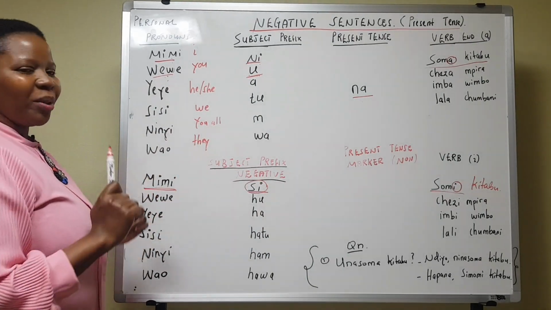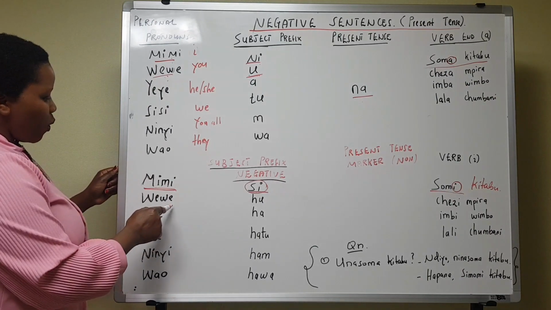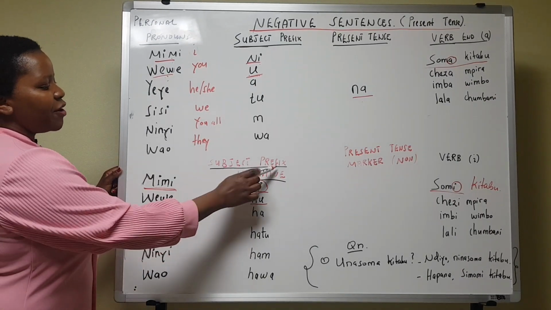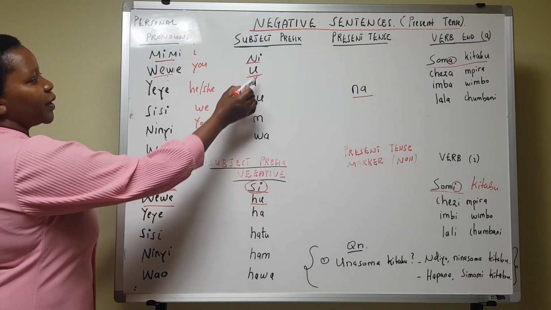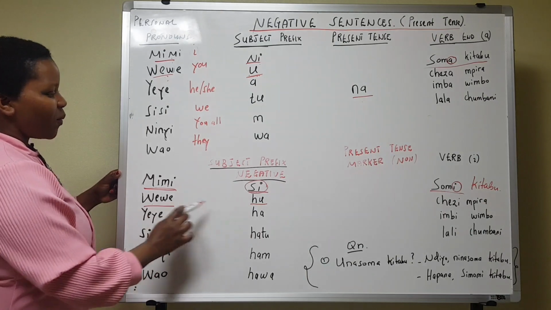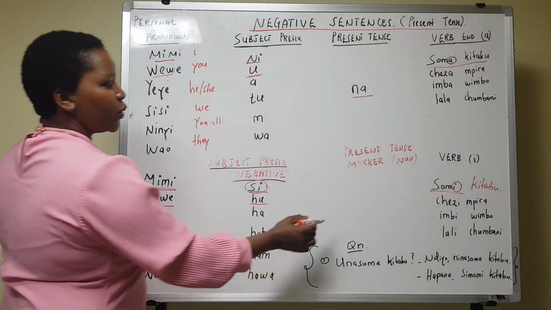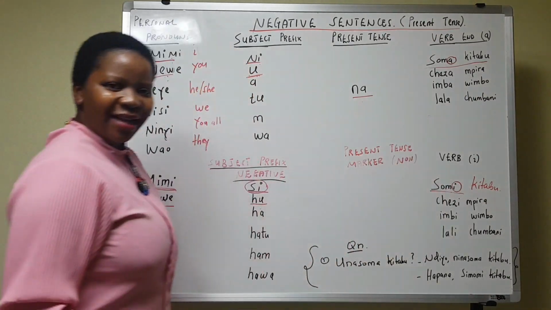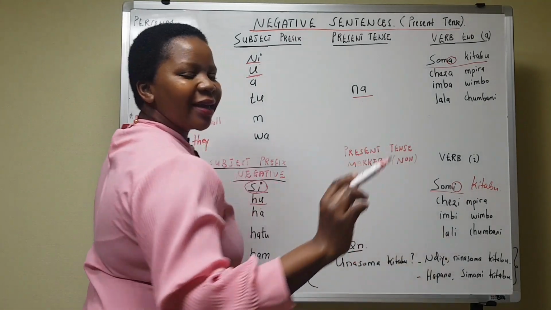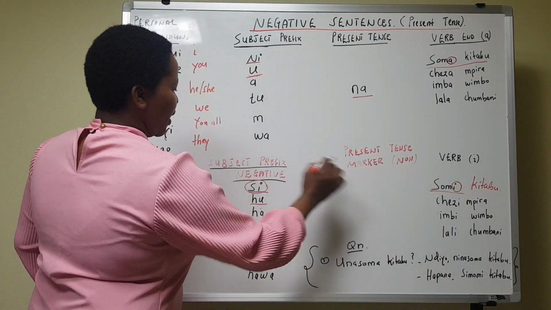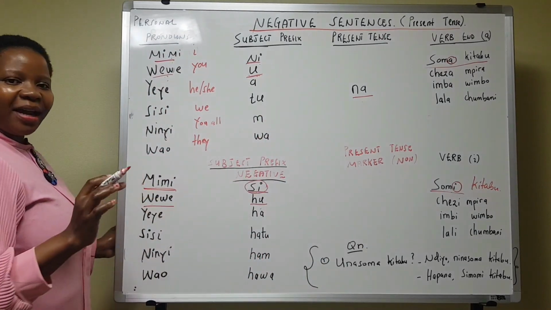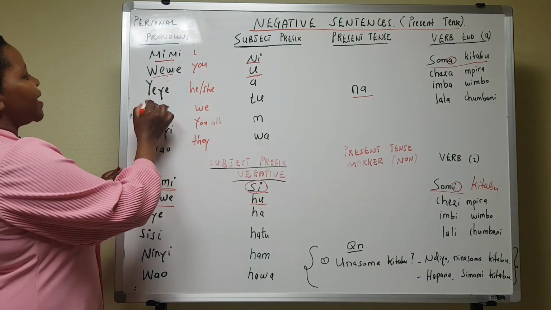The sentence will be like this. Wewe hu. So the subject prefix u will change into hu in a negative form. Wewe husomi kitabu. Okay?